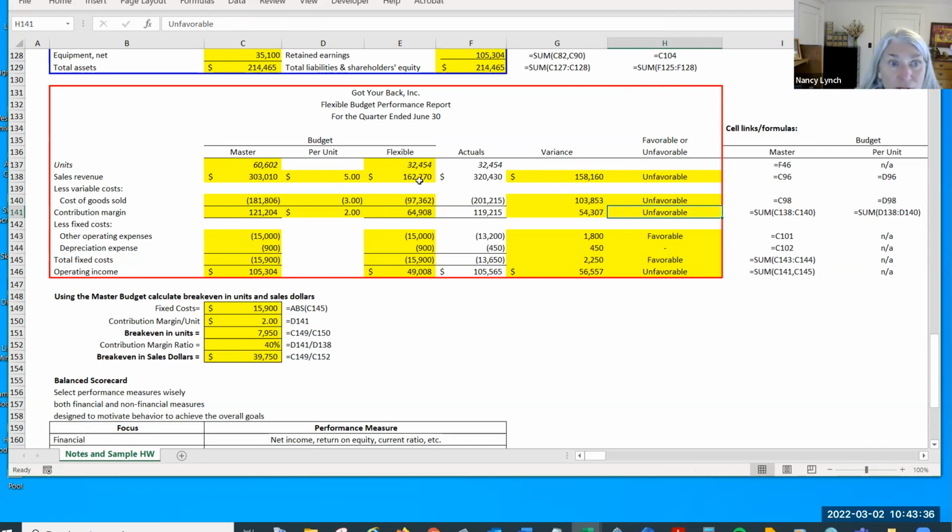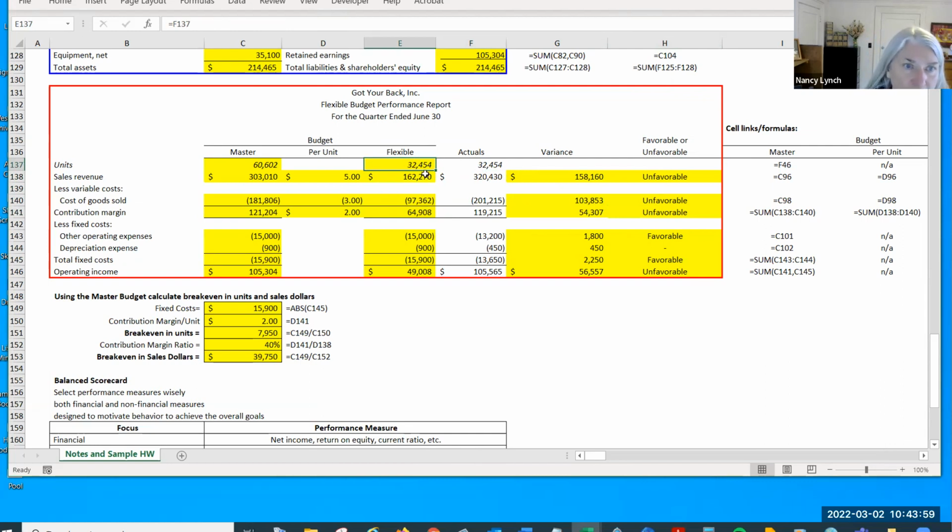That is a matter of looking at, for revenues, if your flexible is greater than what actually happened, that's not good. In this case, we have favorable, a much higher actual revenue than what we should have had given the actual quantity sold.